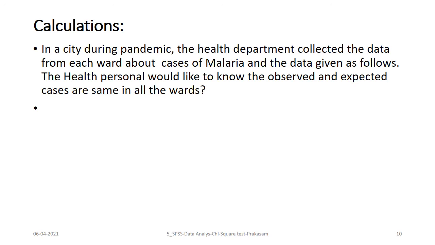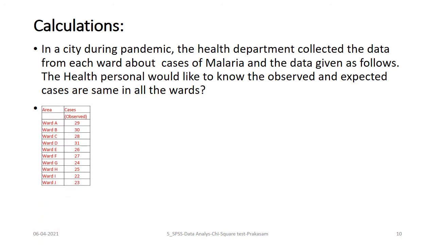For that we have collected the data and given it below. Here ward-wise information and observed malaria cases are given. This is the data only. Here we will assume that these cases are distributed over all the wards with the average cases distributed over the wards.